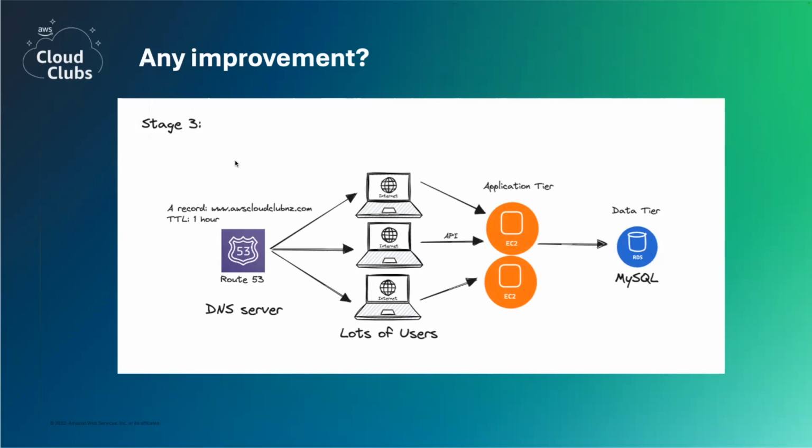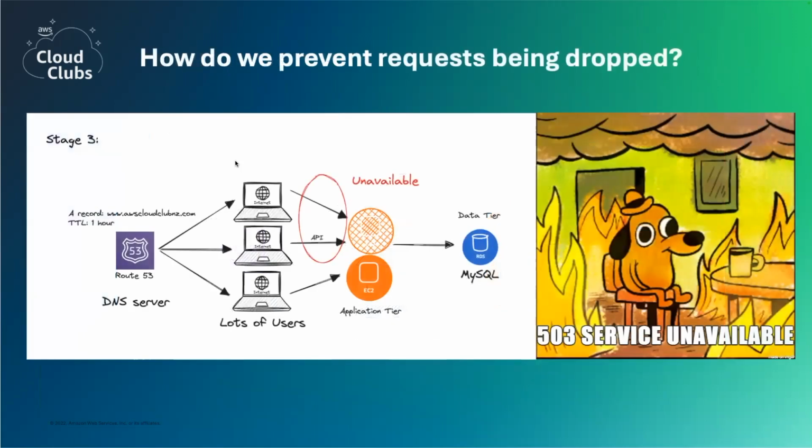Because if you notice, the TTL is set to 1 hour, and if the EC2 instance were shut down accidentally during that 1 hour period, the first 2 users will still be trying to get the information from the first EC2 instance, and that will cause some outage, right?